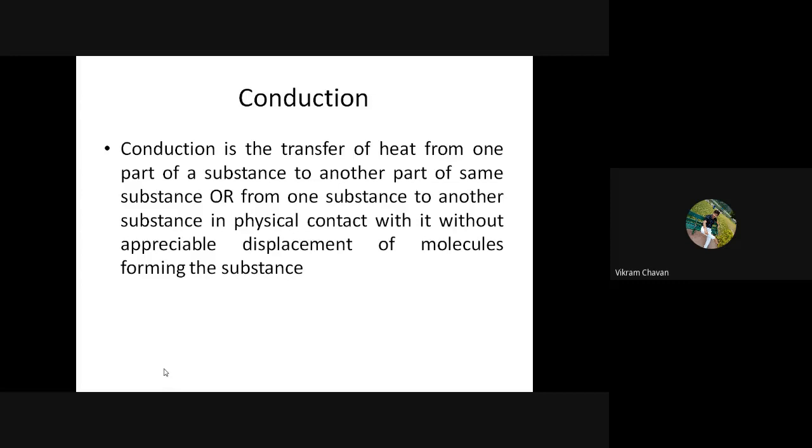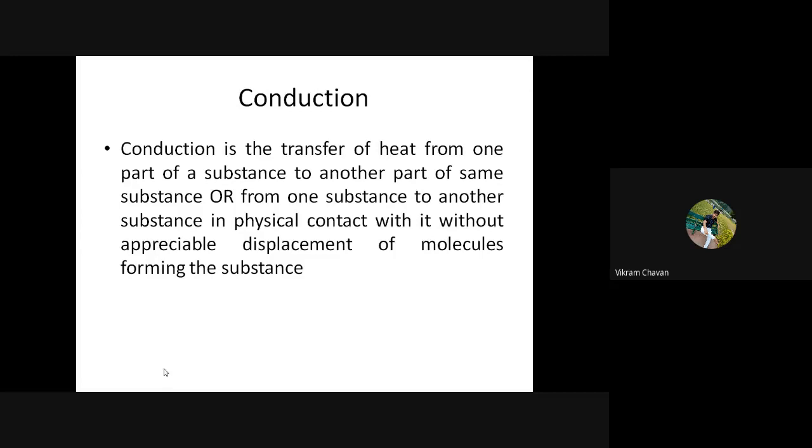Also, two different substances may be in physical contact, that is, their surfaces are touching each other. In that case, whatever heat is transferred from one substance to another will be considered conduction.